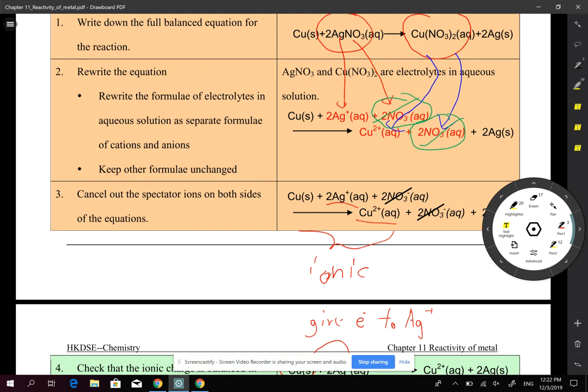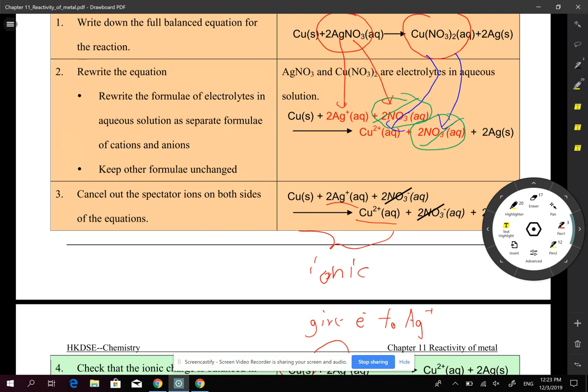Actually, the metal loses electron to the hydrogen ion. The magnesium loses electron to the hydrogen ion. The hydrogen ion gains the electron and forms back to H2.